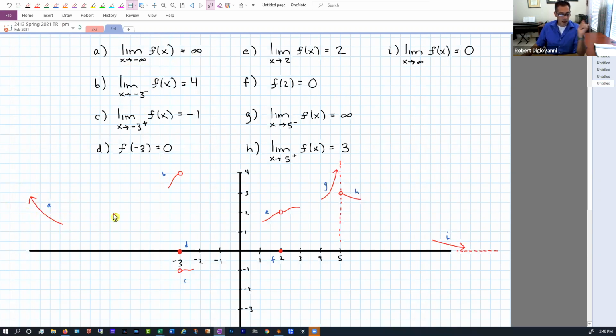Okay. And then condition B, I needed the limit as I approached -3 from the left to be headed to 4. So I drew a little graph headed into -3 from the left that it's headed towards 4. And I did that for all of the different conditions. And then my last step would be to connect all these things together to make a function.